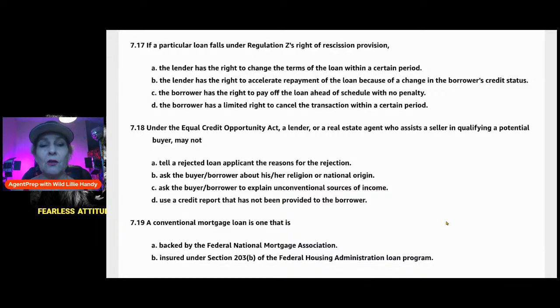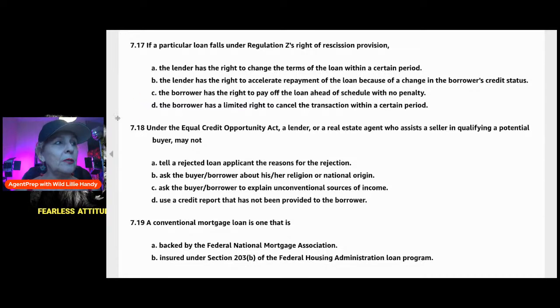If a particular loan falls under Regulation Z's right of rescission provision, A, the lender has a right to change the terms of the loan within a certain period. B, the lender has a right to accelerate repayment of the loan because of the change in the borrower's credit status. C, the borrower has a right to pay off the loan ahead of schedule with no penalty.